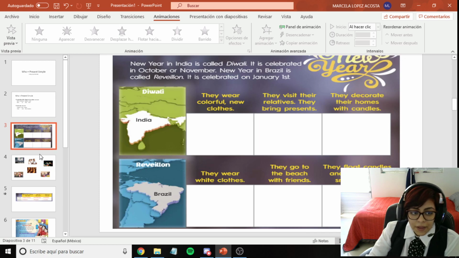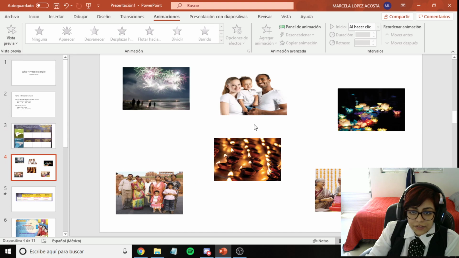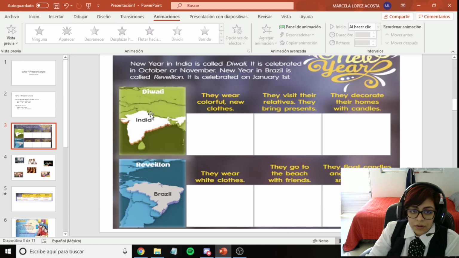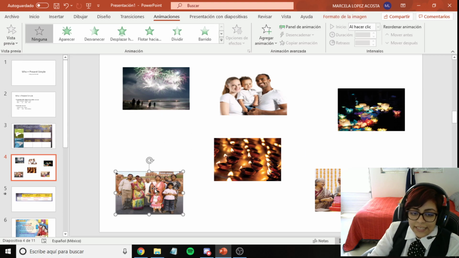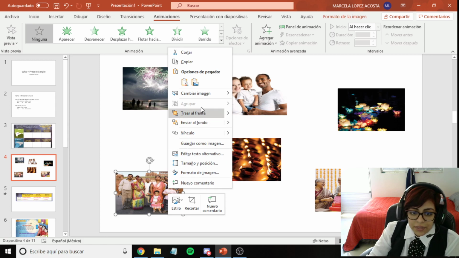So, we are going to paste the stickers according to what we read here. We're going to start with India, with Diwali. In India, they wear colorful new clothes. What people are wearing colorful new clothes? Exactly, these people are wearing colorful new clothes.